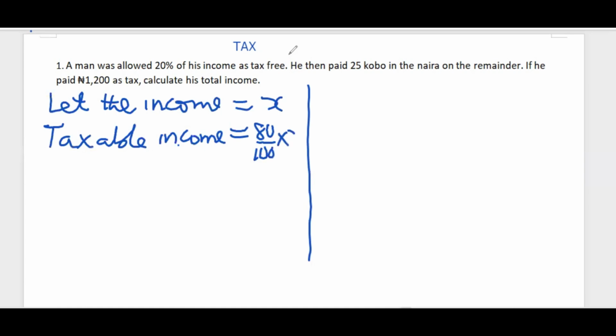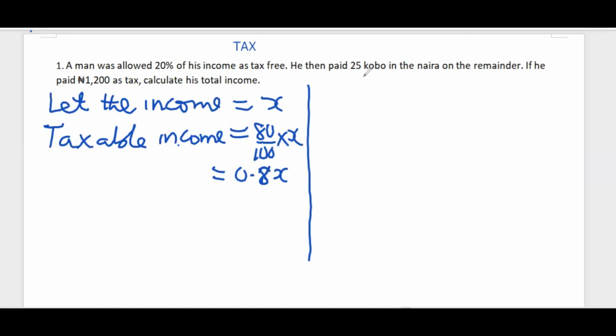So 80% of X, which is the same thing as if you convert 80 over 100 to decimal, it will give you 0.8. You can use your calculator, 0.8x. So this is the part of income that will be taxed.